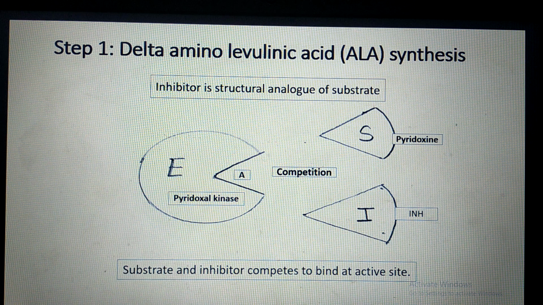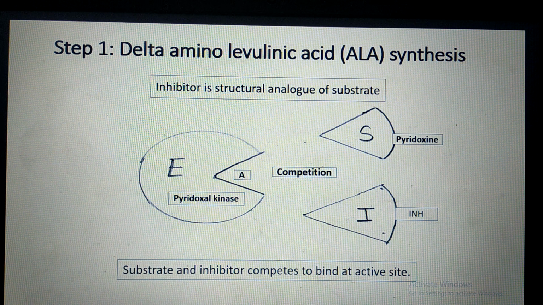The left side shows the enzyme pyridoxal kinase. Now see, pyridoxine and INH have structural similarity. Therefore, there is competition between pyridoxine B6 and INH to bind at the enzyme. As the concentration of INH, the inhibitor, is more, INH binds at the active site of the enzyme and does not allow pyridoxine to bind on the enzyme.